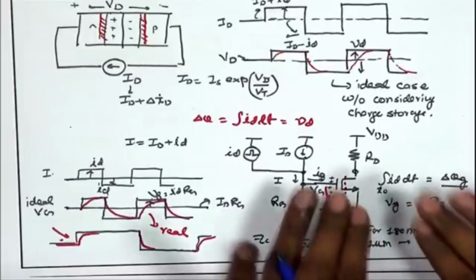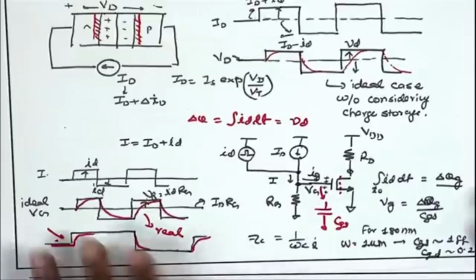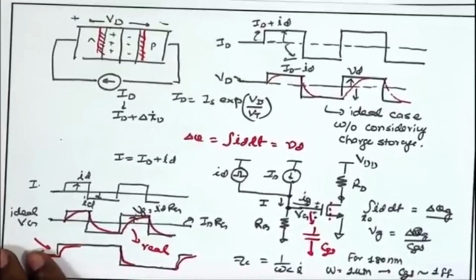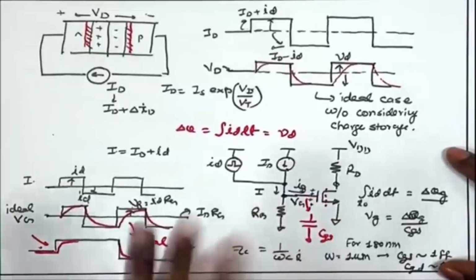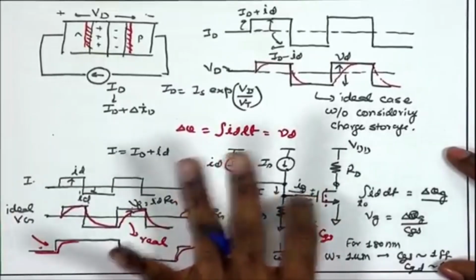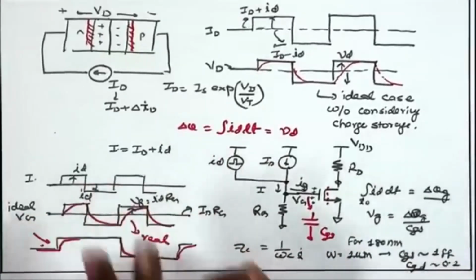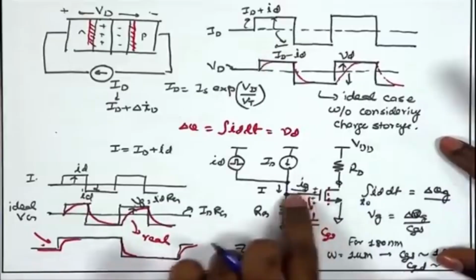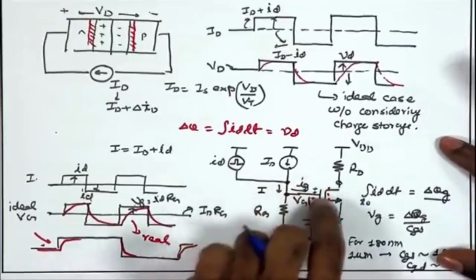Once again revisiting this particular example, what we said is, if you do not consider the charge storage mechanism, if you do not consider the capacitive behavior of the MOSFET, I assume that there is no current flowing into the gate, right. Ideally, a MOSFET does not have any current flowing into the gate. If you talk about DC current, there is no current flowing into the gate of the MOSFET. DC current is 0. Therefore, there should not be any current here.